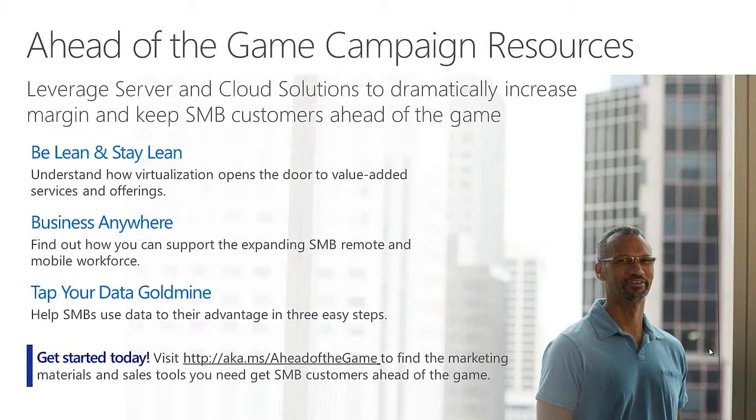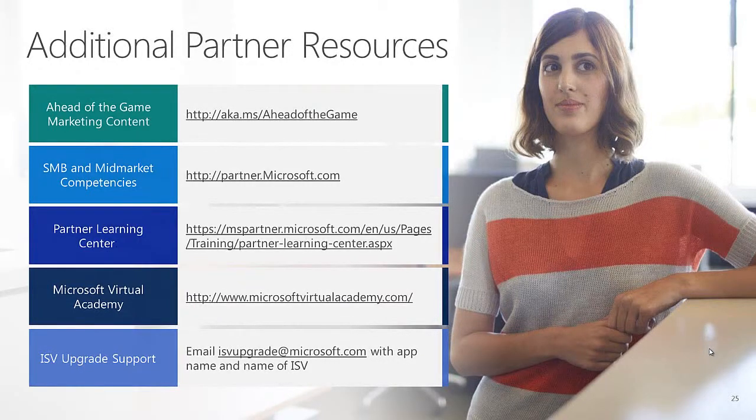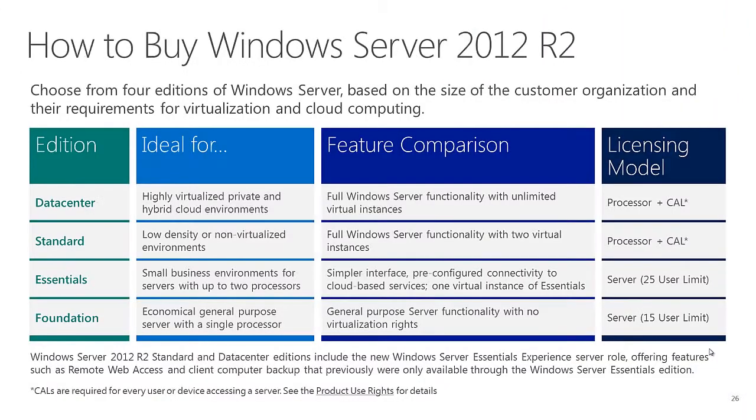I also wanted to make sure that you were aware of our Ahead of the Game campaign resources. This is mostly for partners watching, so that you can go ahead and leverage those to help inform your small and mid-sized business customers about Essentials. So a lot of great information there, so please do check that out. We have a bunch of additional resources for partners that I just wanted to include in the deck and make sure that you were aware of.